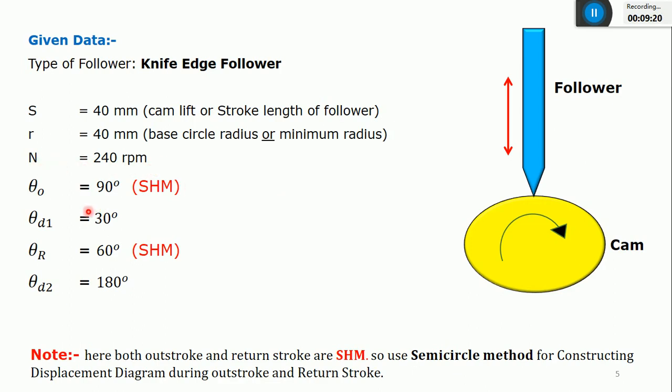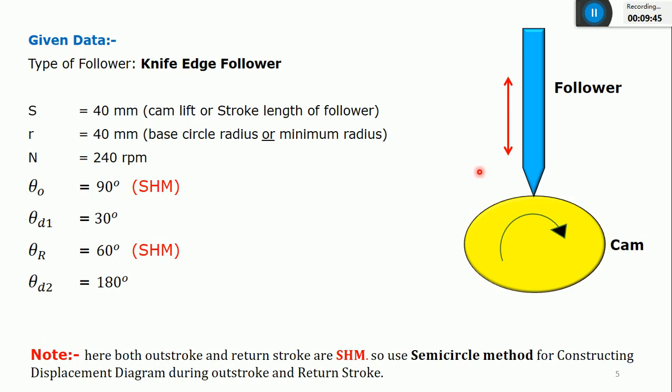Then, as I said, you'll be given 4 angles. First one is the outstroke angle. Outstroke angle is nothing but the angle that is covered by this cam when the follower is moving in an upward direction. Just write down the keywords: upward, in the problem they will mention upward means outstroke also, correct.